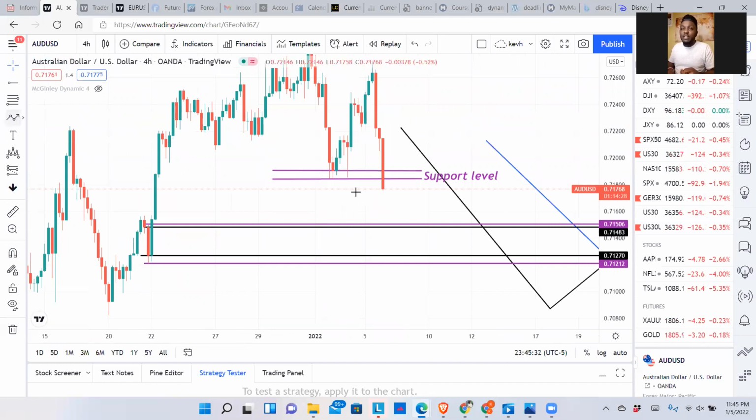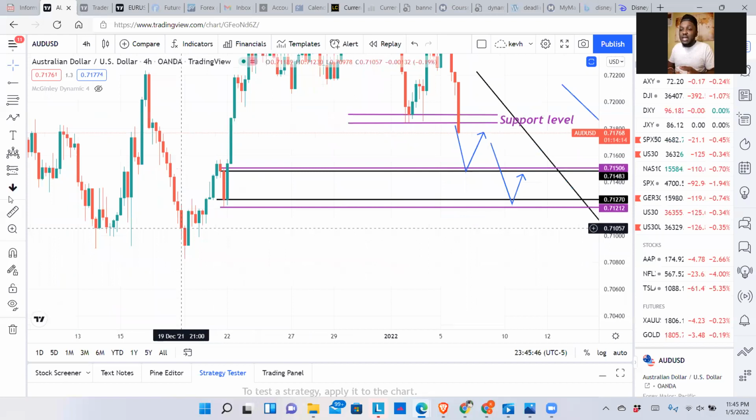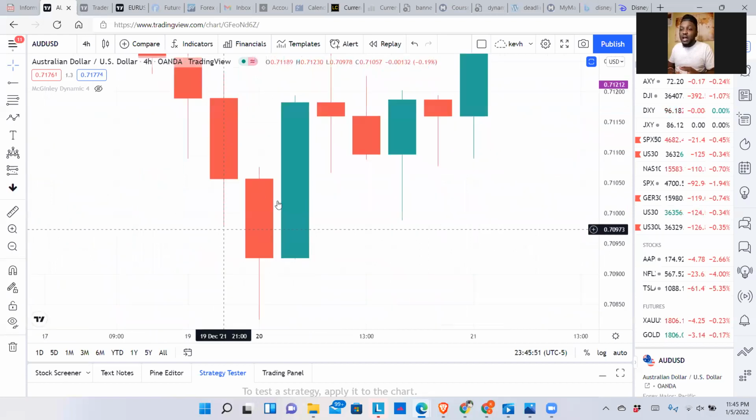So there's a chance we're going to see the market push here, give us some kind of a reaction, or we have the market push here, give us some kind of a reaction. Okay, then you also have another opportunity down here. Okay, so we see our bullish engulfing right here. I'm going to do the same thing.